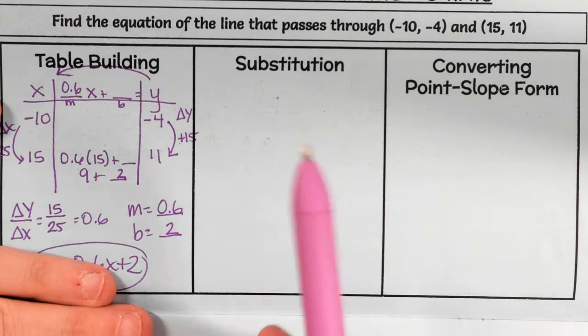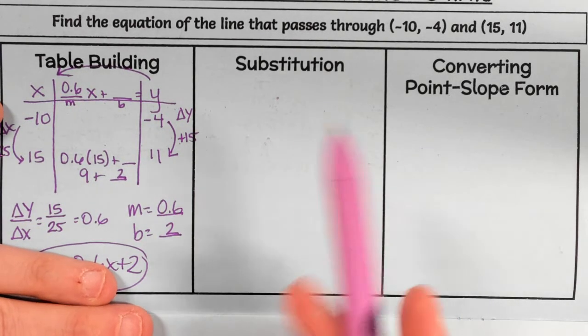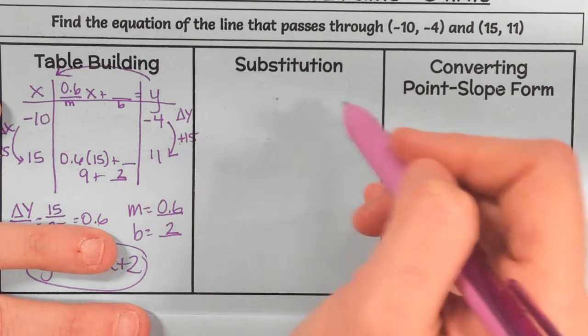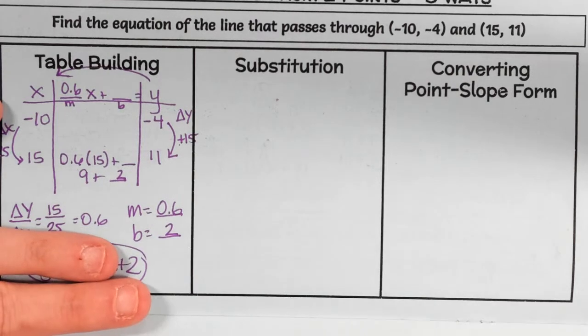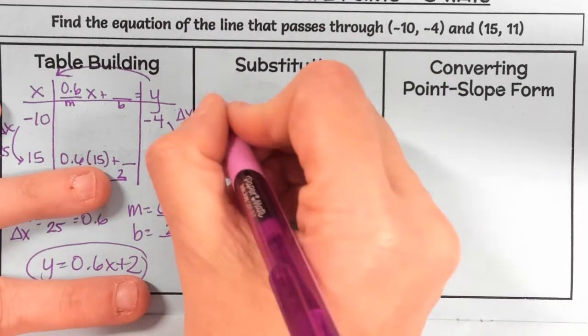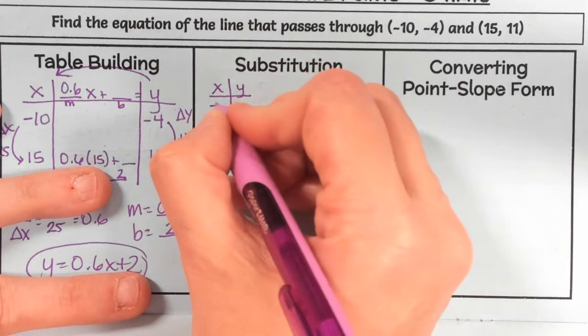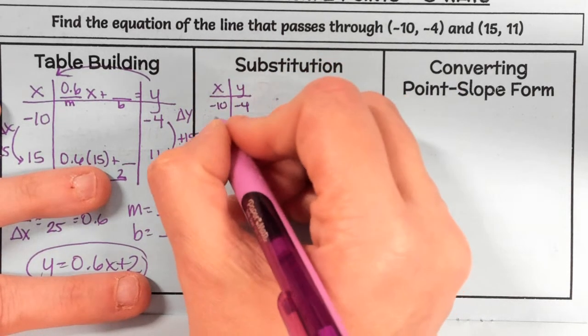So first of all, I have to find slope first, always, okay? You could use the slope formula. You could use a tiny table. I prefer finding slope using a table. So I'm just going to make a little table here and find the slope. So I'm going to put my 2 points in here.